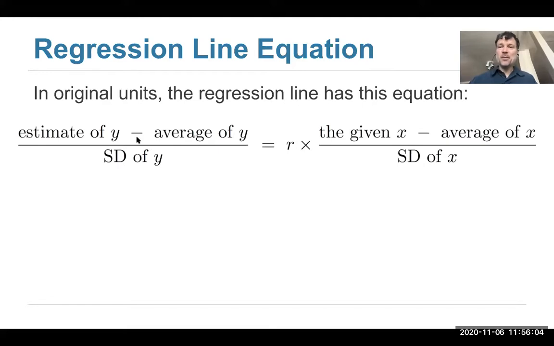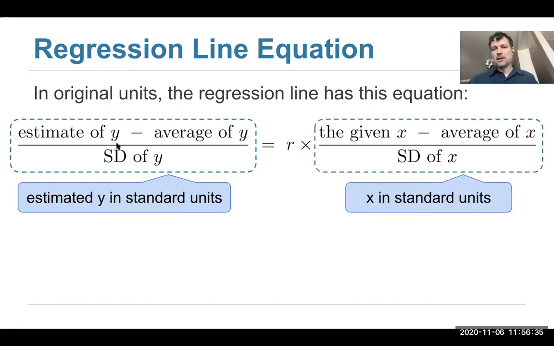So remember the formula for what X in standard units is. The formula for X in standard units is the value of X, subtract off the mean of all the X values, and divide by the standard deviation of all the X values. That's how you convert from original units to standard units. And similarly, you do the same conversion for the Y values. So I just plugged into the equation I had before with my equation for how you compute standard units from original units.